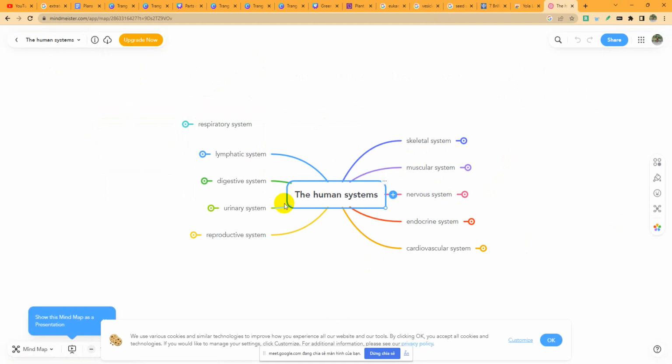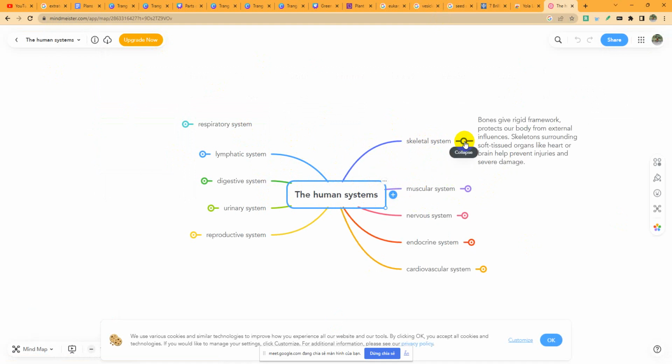the human systems. So basically, in total we have 10 human systems. First, start with the skeletal system, which is obviously the rigid framework that protects our cells from environmental and external influences.